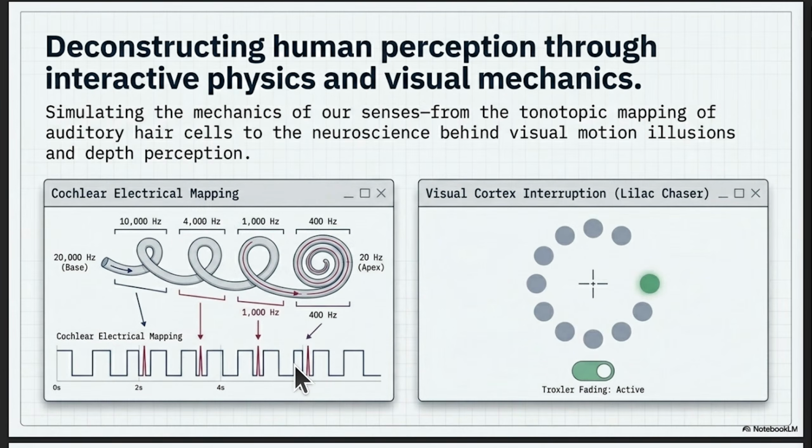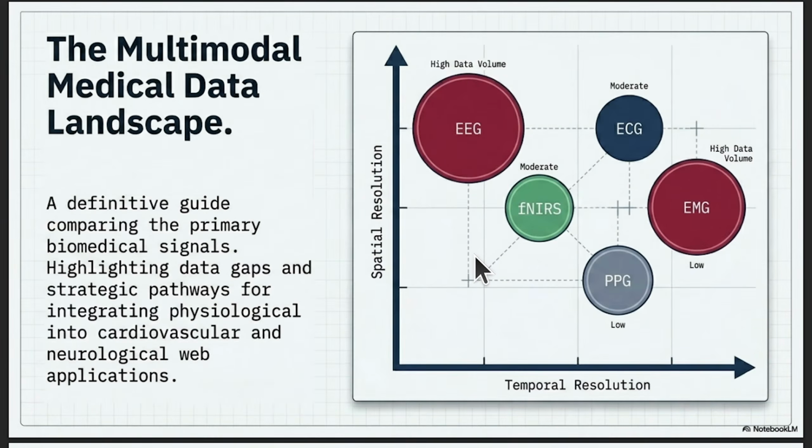Yeah, that one's a bit weird. I'm not sure about that bottom one. I understand what it's trying to do, but it's just kind of covering in general the topics that we talk about. There's cochlear electrical mapping and optical illusions that are used a lot in neuroscience for determining how your brain and the vision system works.